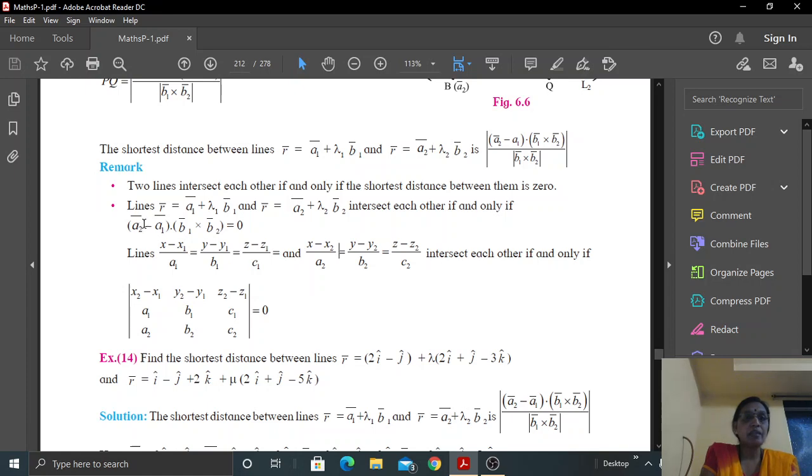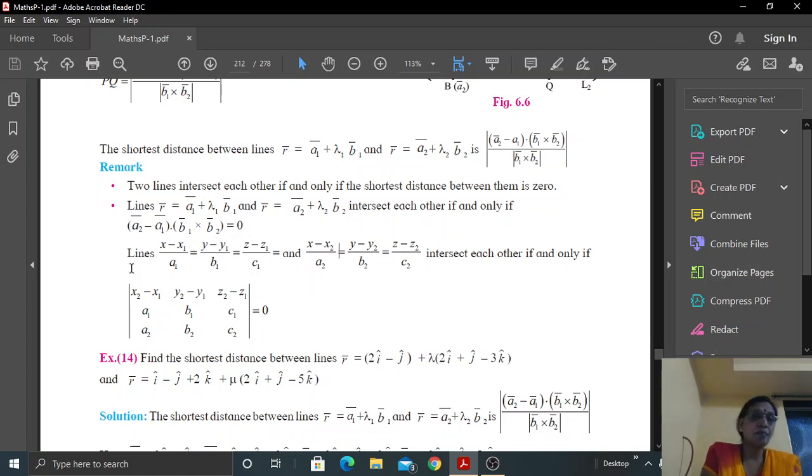Second one: the lines r bar equal to a1 bar plus lambda1 b1 bar and r bar equal to a2 bar plus lambda2 b2 bar intersect each other if and only if (a2 bar minus a1 bar) dot (b1 bar cross b2 bar) equal to 0.